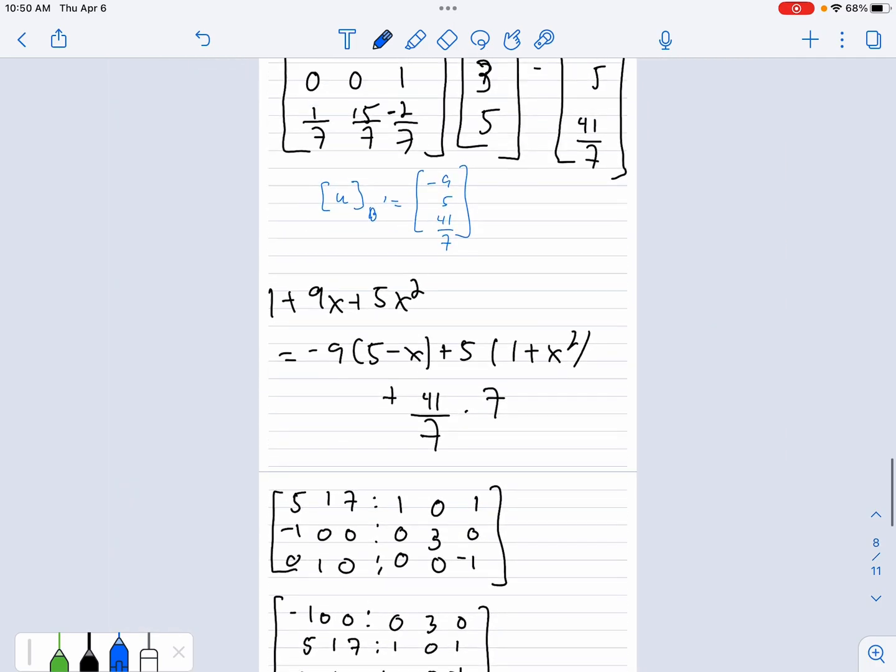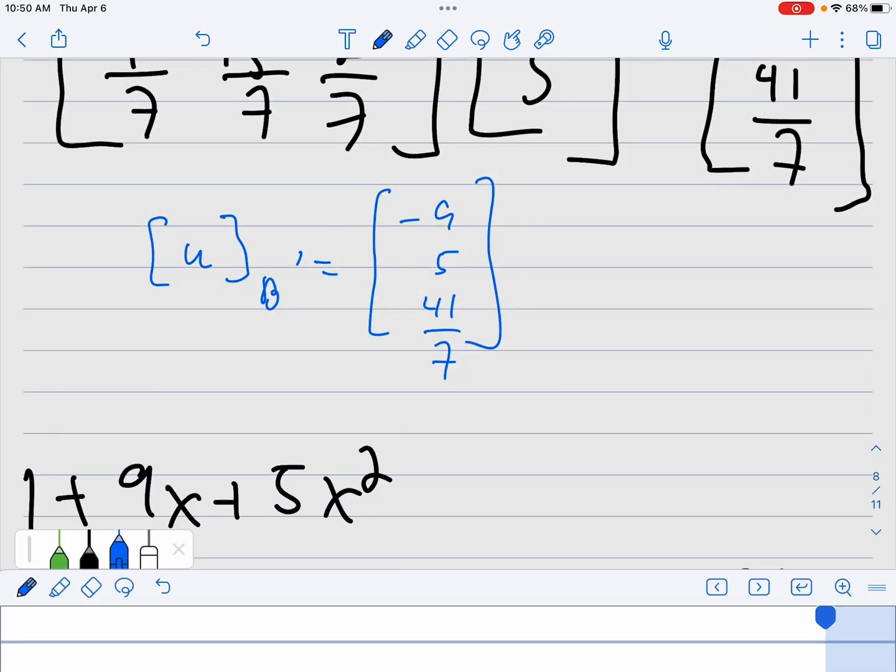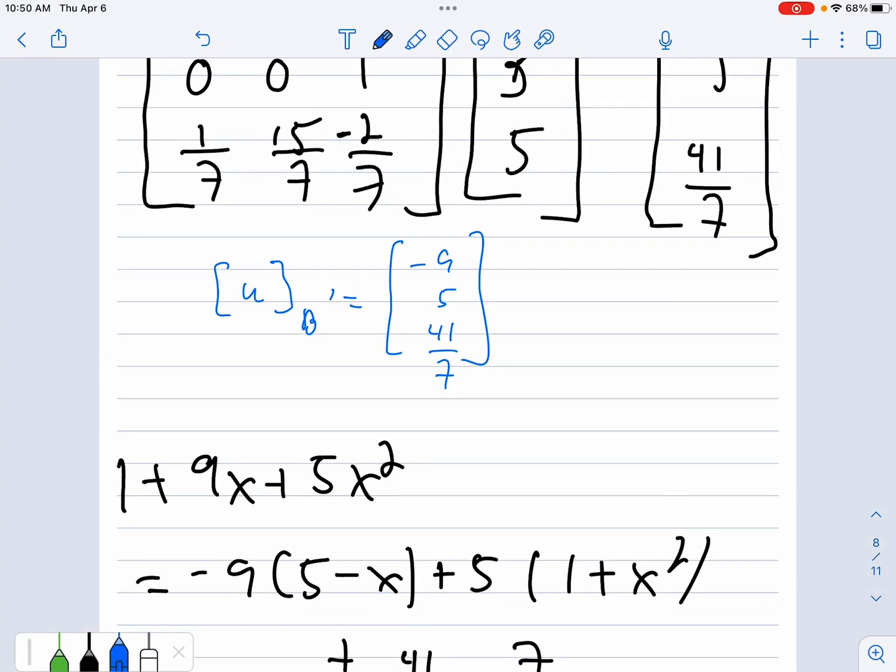So that's how that's applied. Now, as I said earlier, you could figure out these values, negative 9, 5, and 41 over 7, directly by setting up a system of equations with B prime instead.